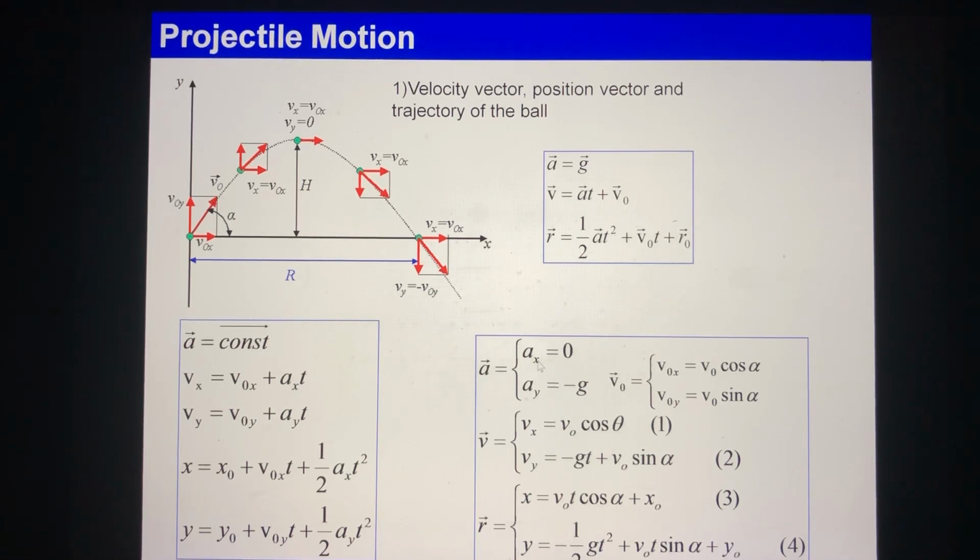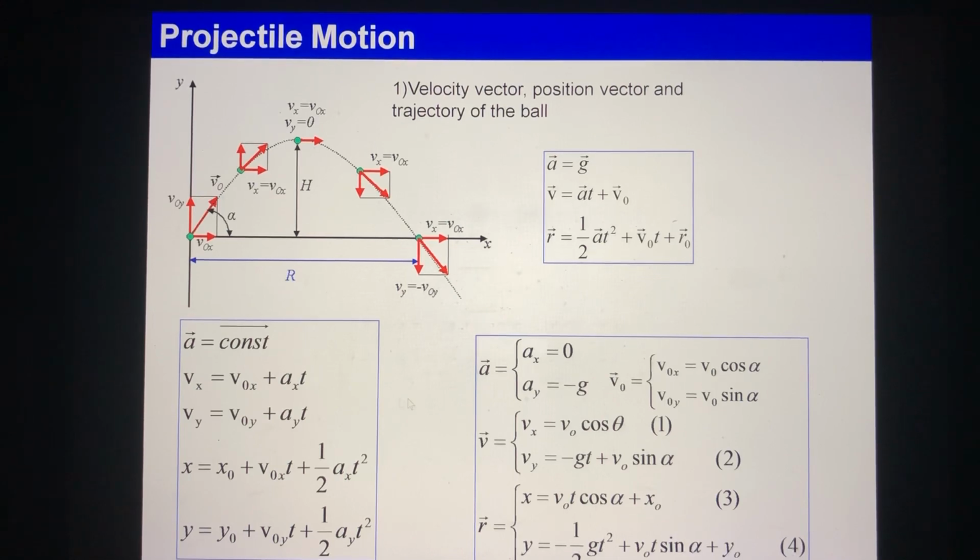Now we have the components ax, ay, v0x, v0y. We will put them in these formulas to get the velocity vector, position vector, and after that we will calculate the trajectory. So we put ax, v0x into the vx component, so we have this formula.